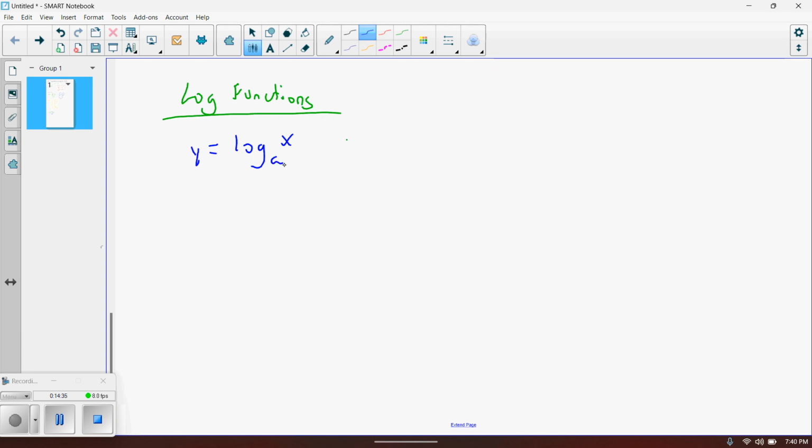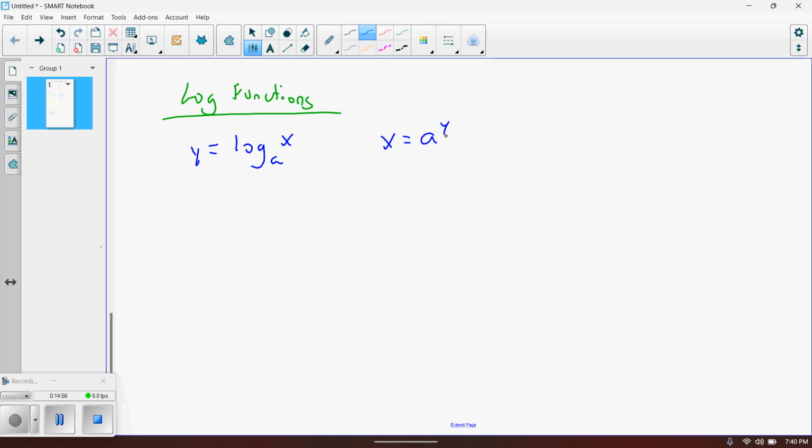So the x is the argument. It's what you're taking the log of. The a is the base, and then y is what the log is equivalent to. This is equivalent to the exponential equation, x equals a to the y.